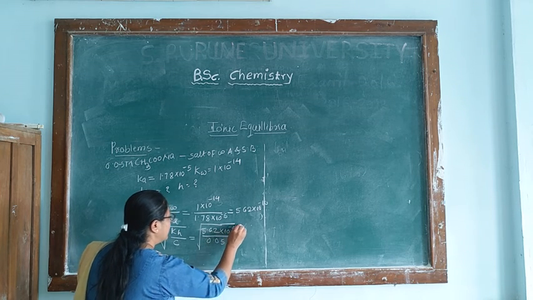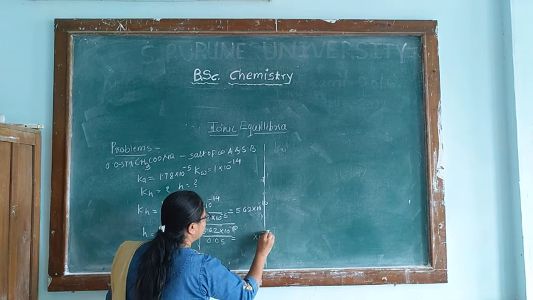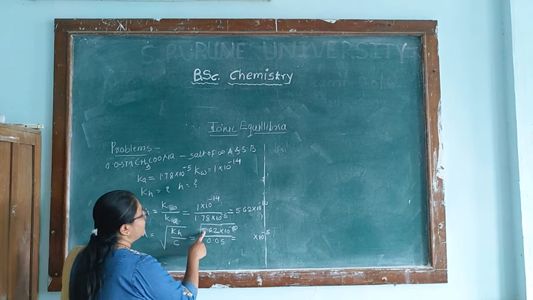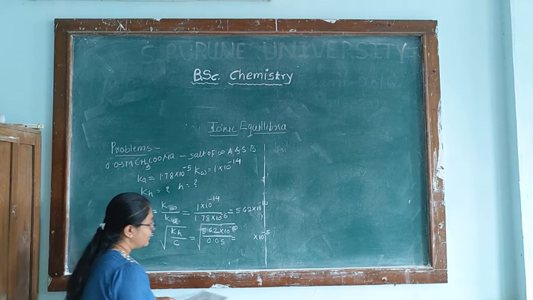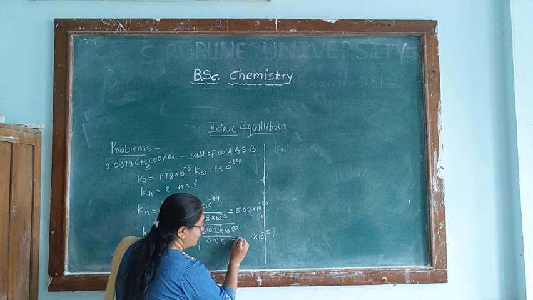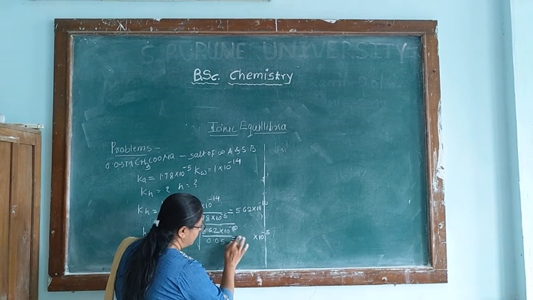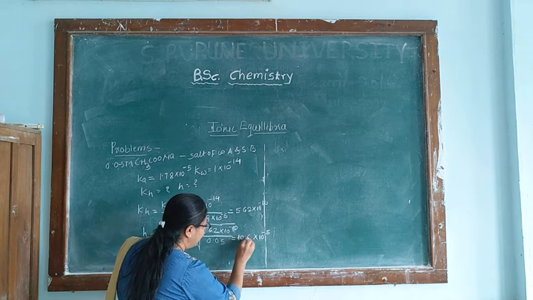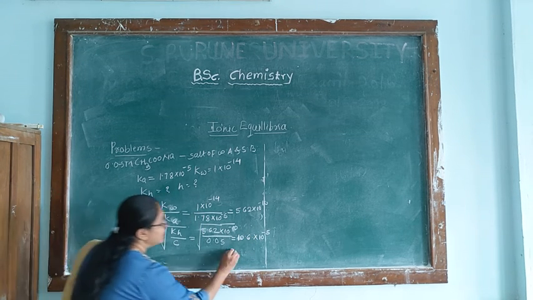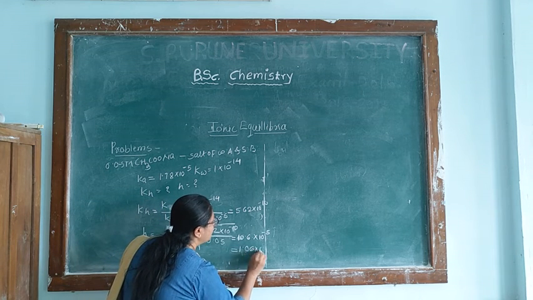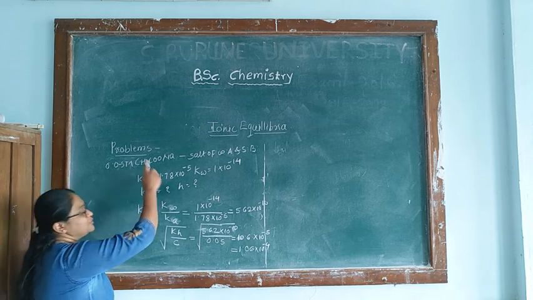The square root of 10 to the power minus 10 will be 10 to the power minus 5, and the square root of 5.62 divided by 0.05 is 10.6. So we can write this as 1.06 into 10 to the power minus 4. This is the degree of hydrolysis of this salt.